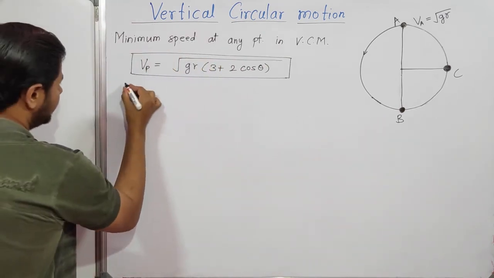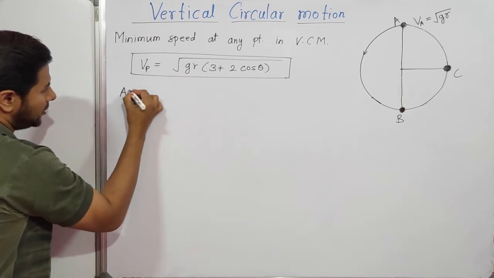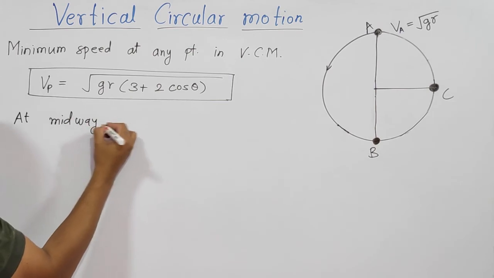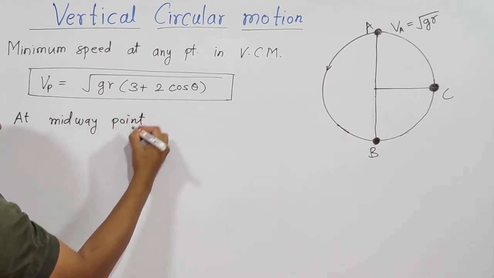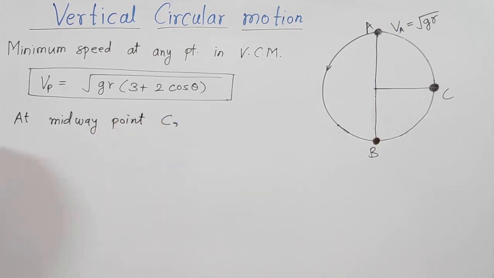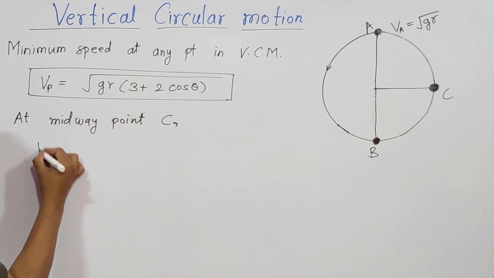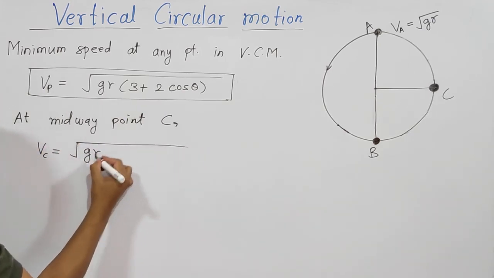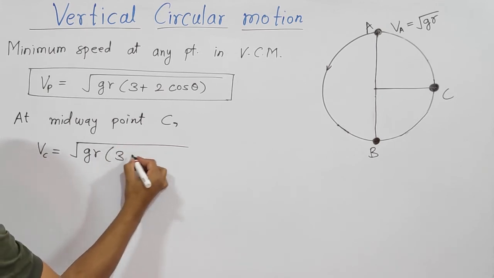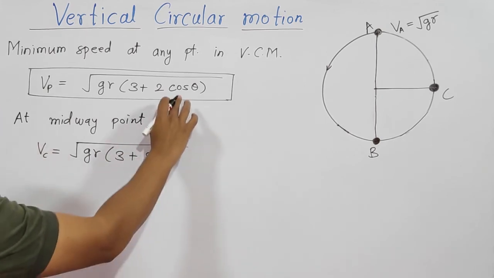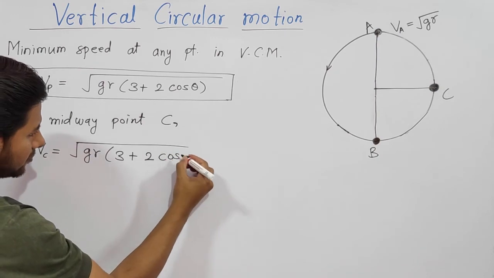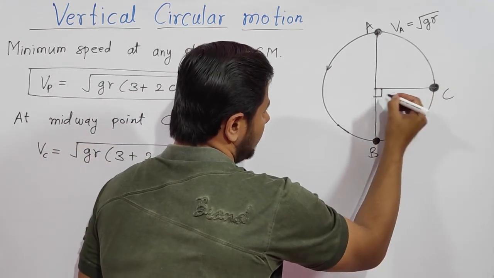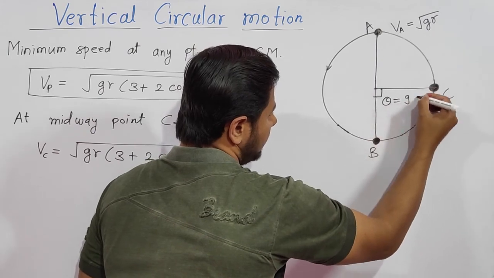So we have at midway point, so point C, V suffix C equals to square root of GR multiplied by 3 plus 2 times of cos of theta, and for this point theta equals to 90 degrees.